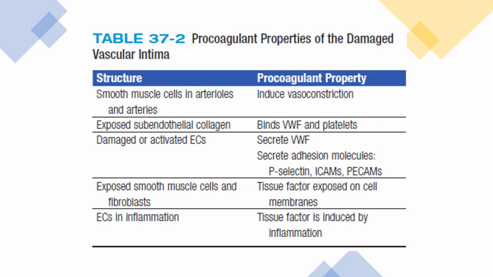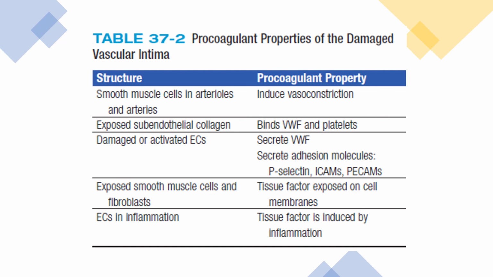Then exposed subendothelial collagen will bind with von Willebrand factor and the platelets. The damaged or activated endothelial cells will secrete more von Willebrand factor and adhesion molecules: P-selectin, ICAM, intercellular adhesion molecule, and PECAMs. So they are adhesion molecules.